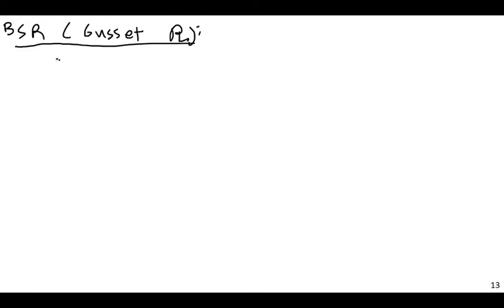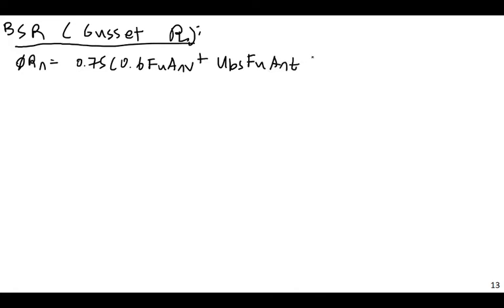So phi Rn is equal to 0.75 times 0.6 Fu ANV, the net shear area, plus UBS, U block shear, times Fu ANT, and that's less than or equal to 0.75 times 0.6 times Fy AGV plus UBS Fu ANT.